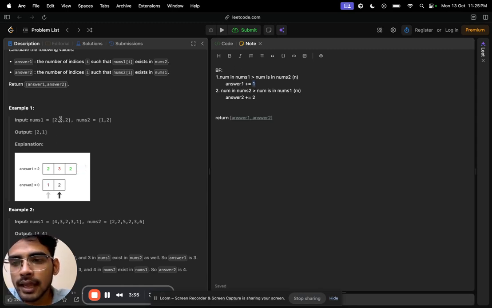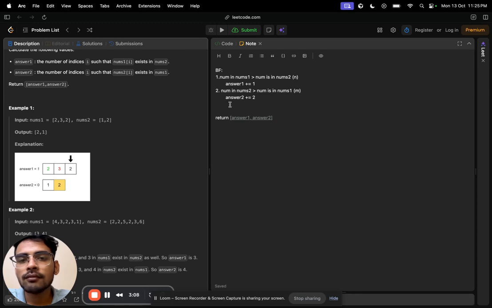And again for the second element we will be checking, does it exist in nums2? No. Then the last element in nums1, does it exist in nums2? Yes, it exists. So overall answer1 will be 2, right? Because 2 is occurring in nums2.